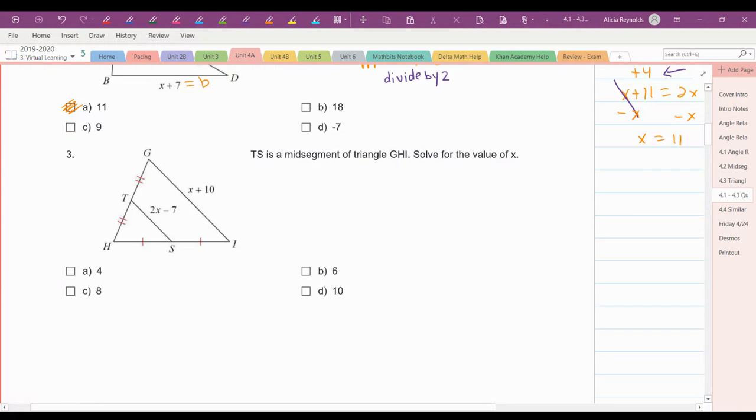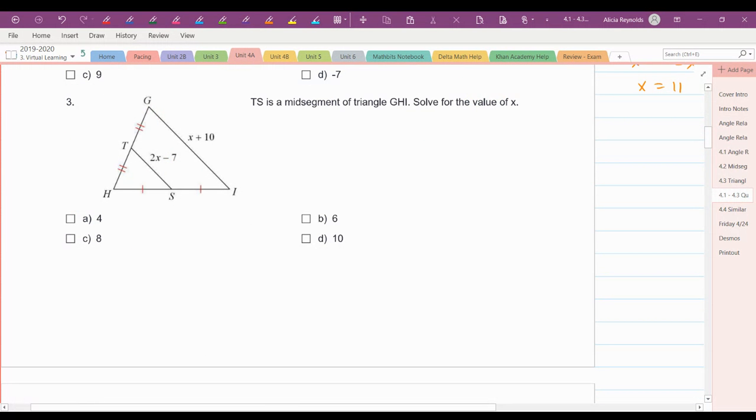So now I want you guys to take a second and see if we can figure out example 3. All right, so again, this is our mid-segment this time. So TS is equal to 1/2 GI.